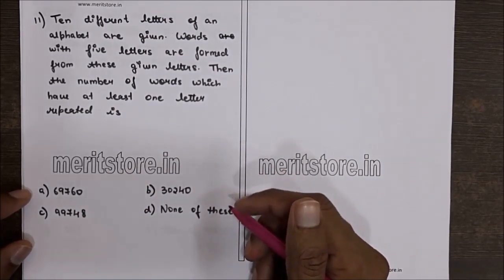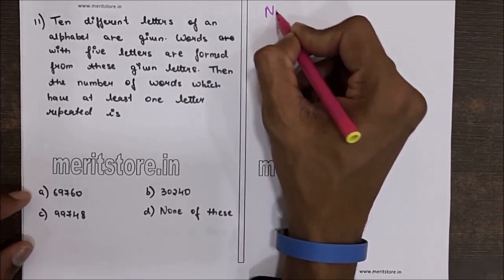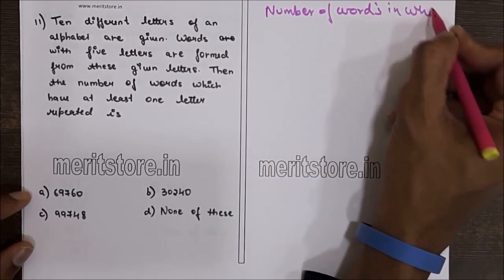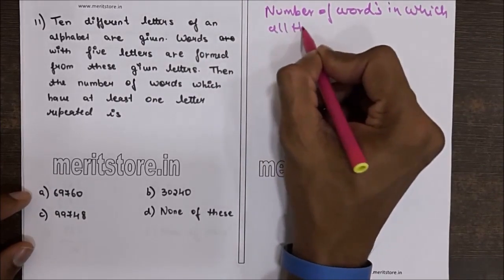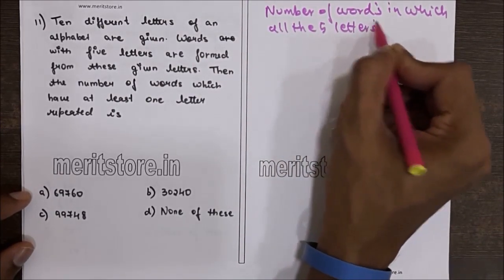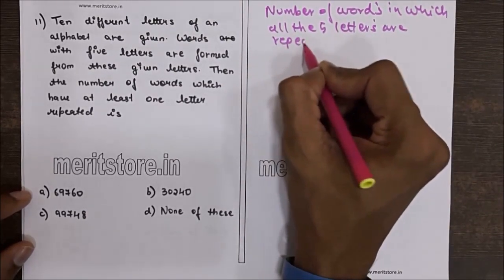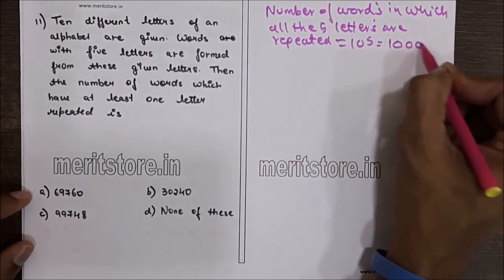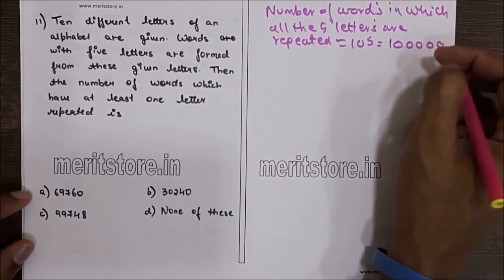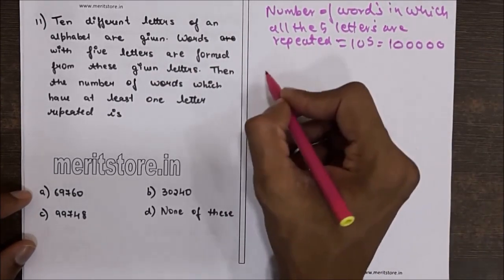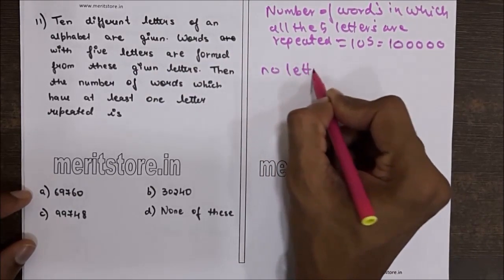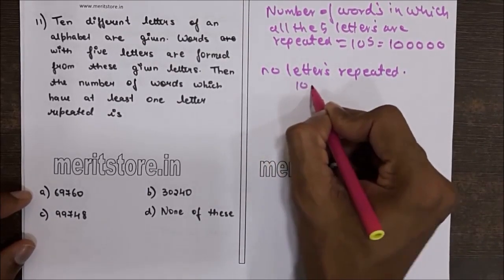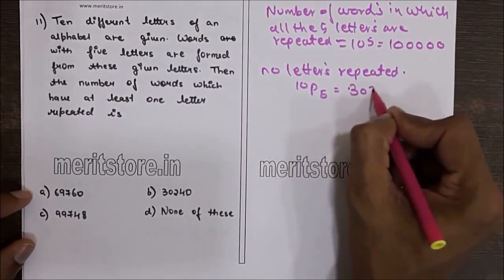The number of words formed with repetition allowed can be written as 10 raised to 5, which is equal to 100000, and the number of words in which no letter is repeated is 10P5, that is 30240.